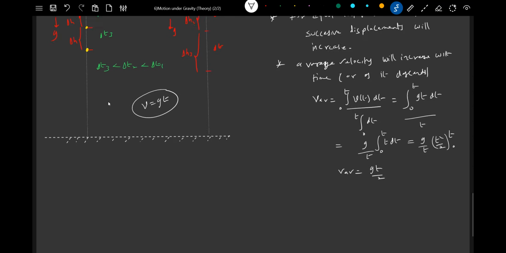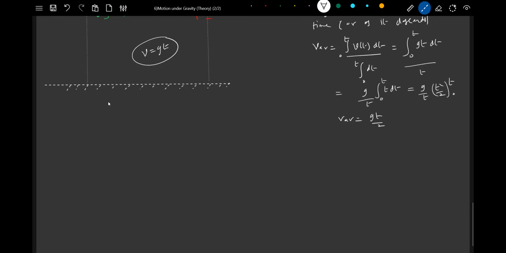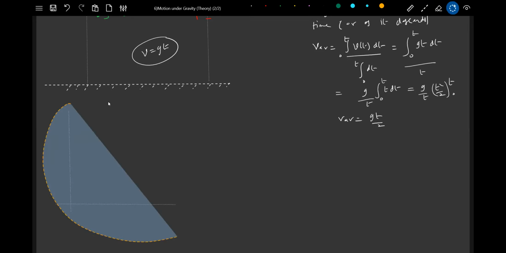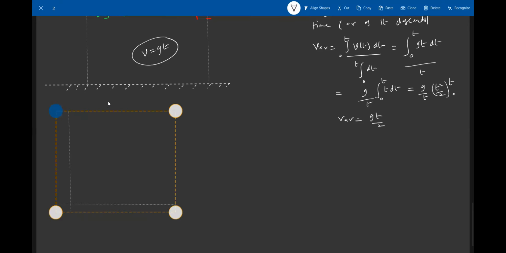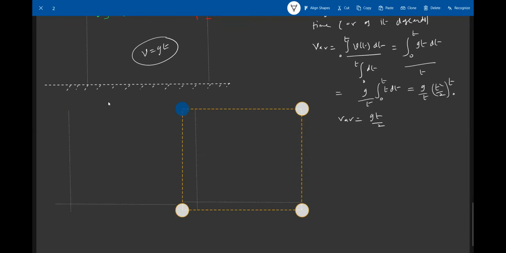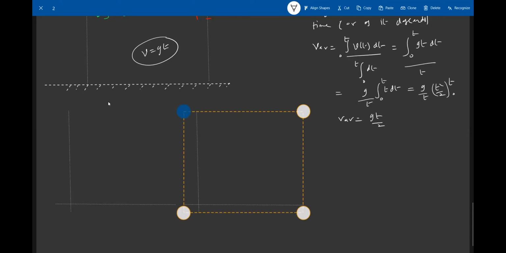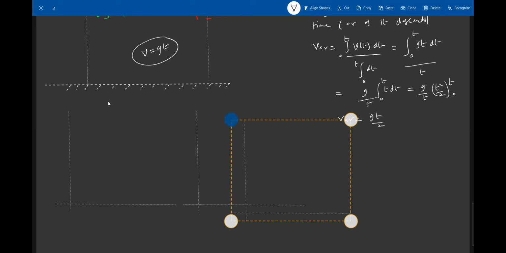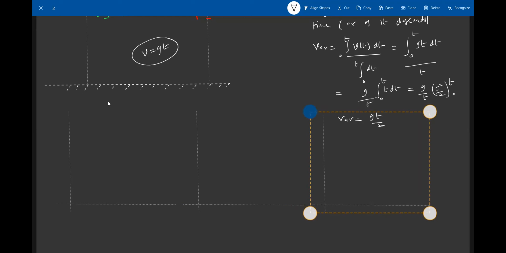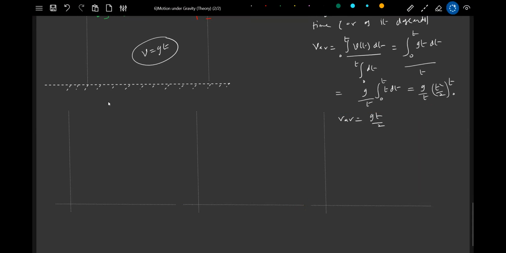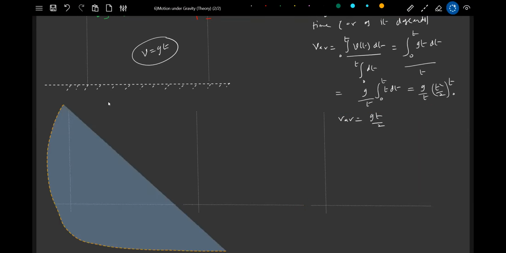So can we go for any plots? Once again, I'm going to bring all the plots here, for a freely falling body, at one place.